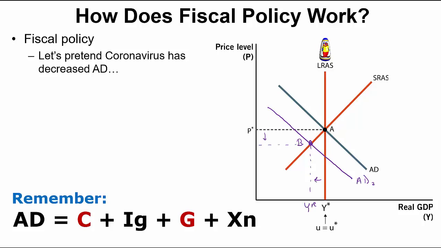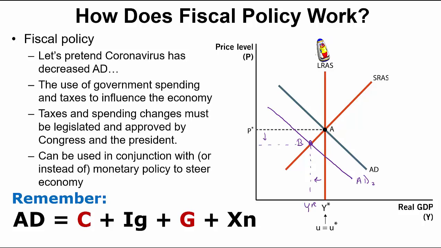Now, fiscal policy is designed to fix what just happened. Basically, it's the use of government spending or tax policy, either one, to help increase or decrease aggregate demand, whichever we're trying to do.